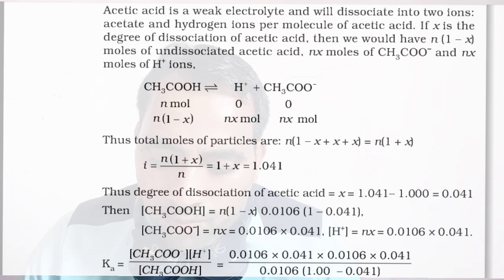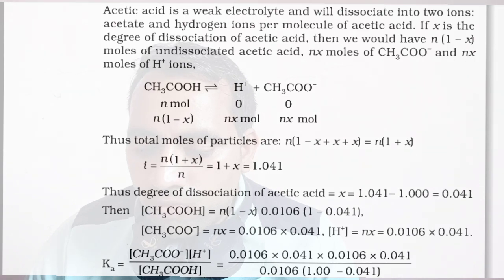Thus the total moles of particles are N(1 minus X) plus 2NX, equal to N(1 plus X). So i equal to N(1 plus X) upon N, equal to 1 plus X. Its value equal to 1.041. Thus the degree of dissociation of acetic acid X equal to 1.041 minus 1, so the answer will be 0.041.